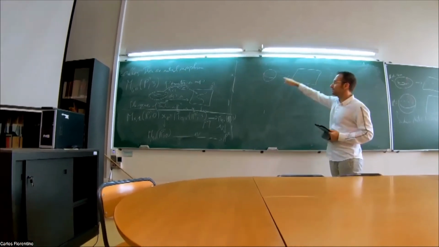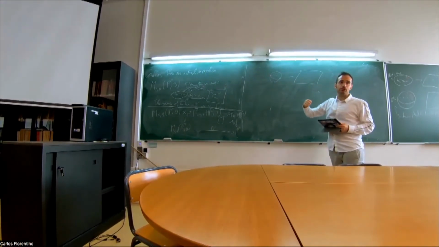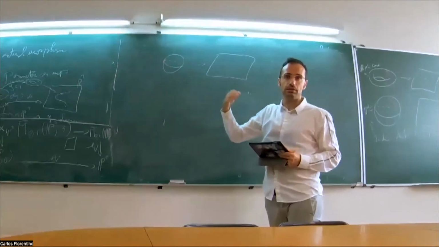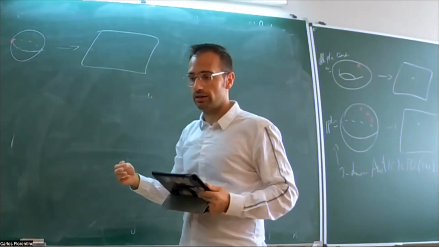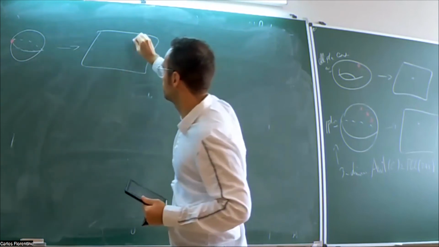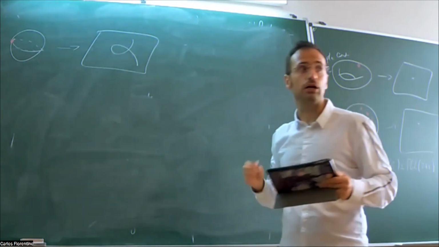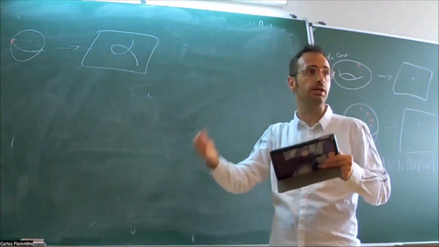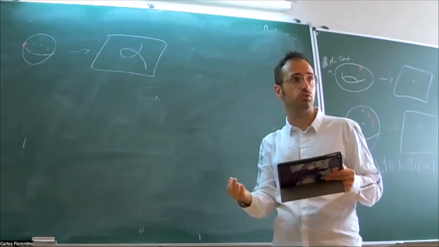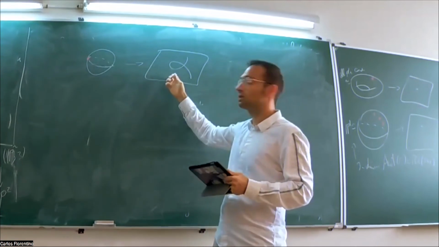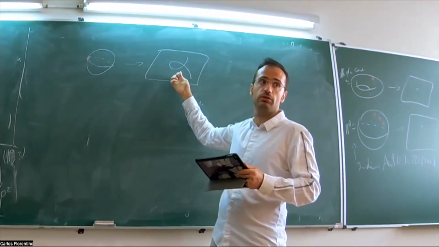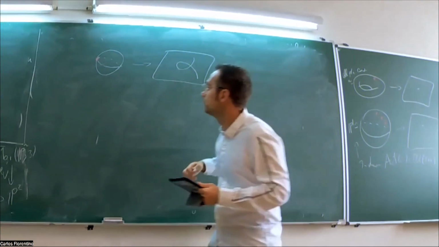Since the image of a rational map in P2 of degree 3 must be singular, the image cannot be smooth, because a smooth cubic in P2 is of genus 1, but I have genus 0 here. So the image cannot be of genus 1, so it might be of genus 0.